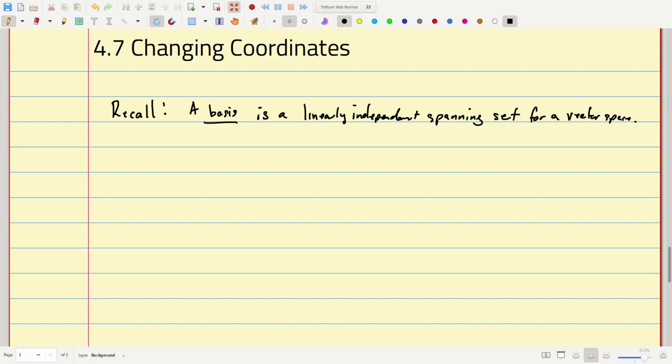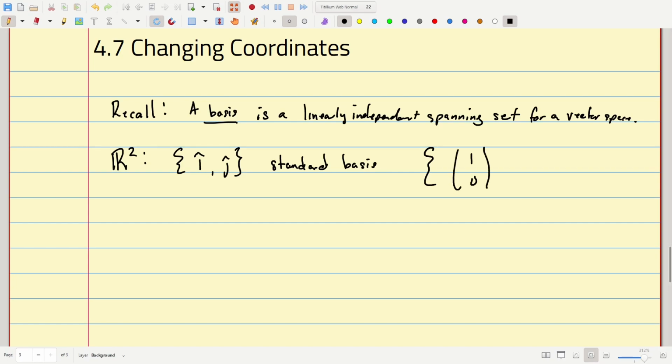So, for instance, if we're talking about R2, we have the standard basis given as I've written here, i hat and j hat. We of course know that this means this collection of vectors.